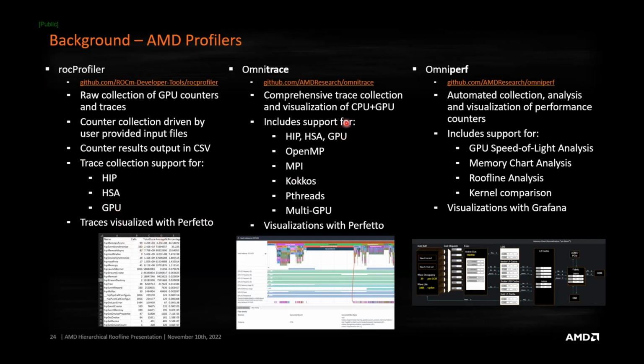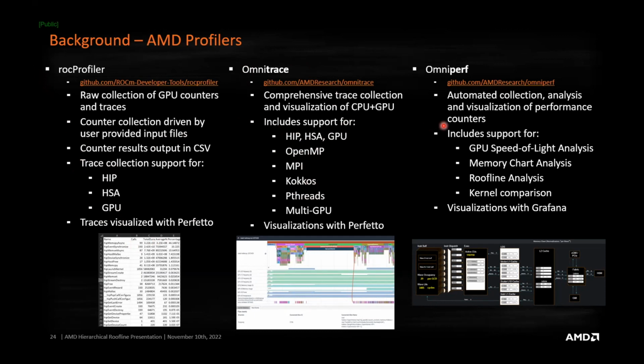And then there's OmniTrace, which isn't discussed here. OmniTrace focuses on the tracing. Not only does it do the HSA, HIP, GPU, which it pulls from ROCprof, but it also pulls in some other things that it can put into your timeline, like OpenMP, MPI, Kokkos, pthreads, a bit more information to fill in some of those gaps that you'll see if you just use a ROCprof timeline trace.